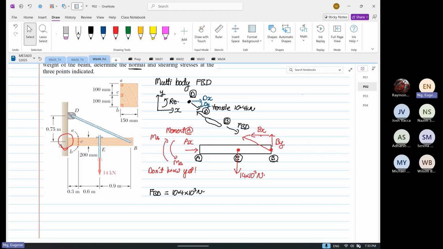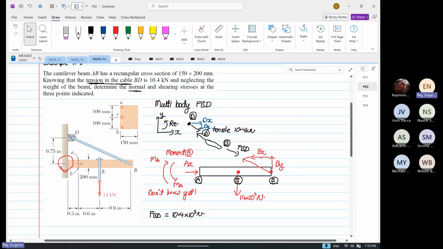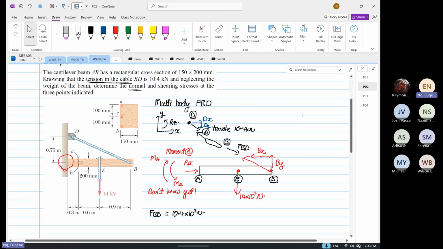Now if we look at distance wise, can I do it based on geometry? Did they give us the length of BD? Let me see. They did not give us the length for BD. Okay, so hold on. Yeah, they did not.